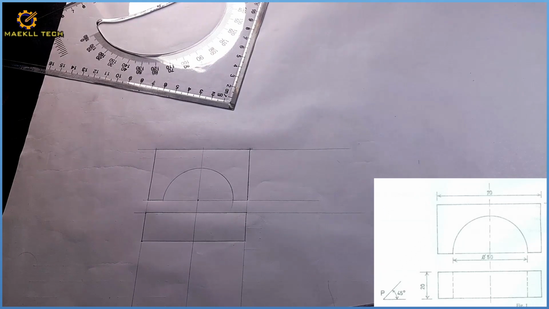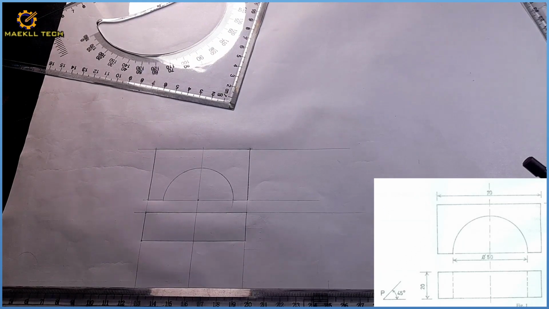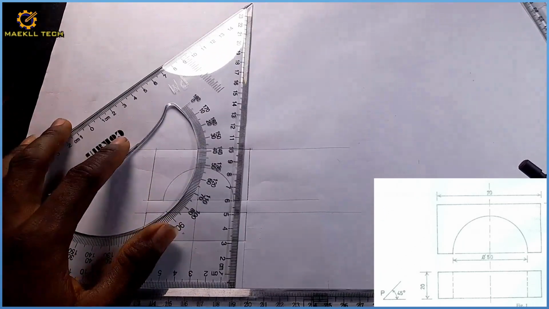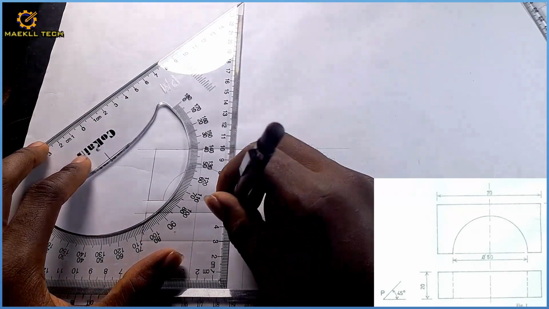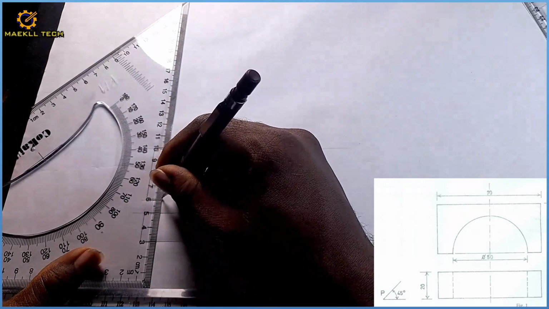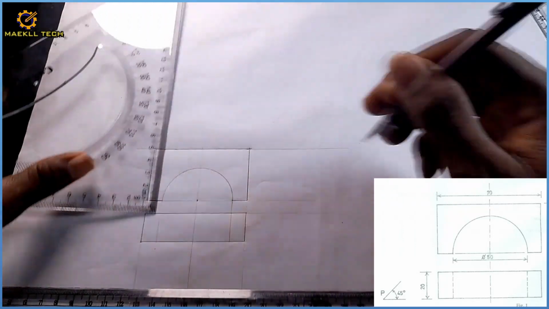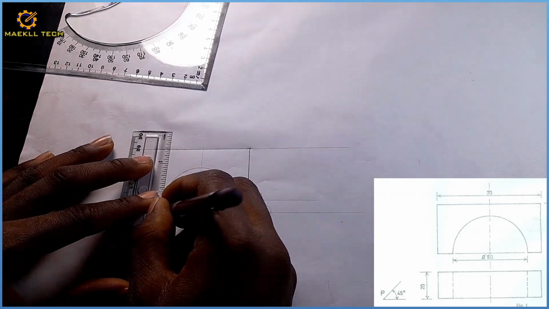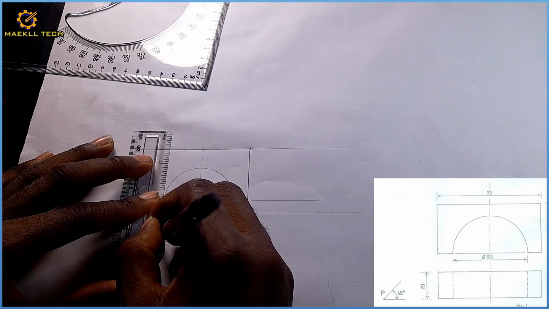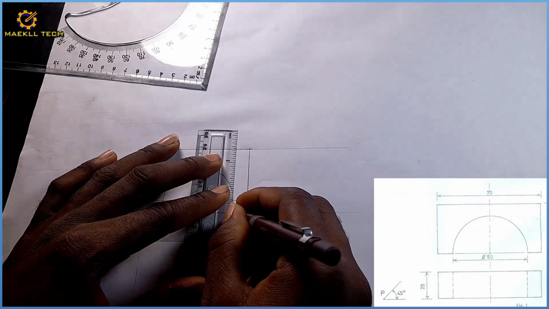Now take note of this. Our plan is not completed, so I'm going to project this area faintly downward like this, and faintly like this. Those areas will be represented with hidden lines on my plan.